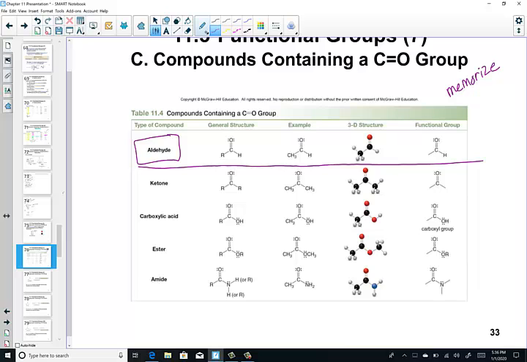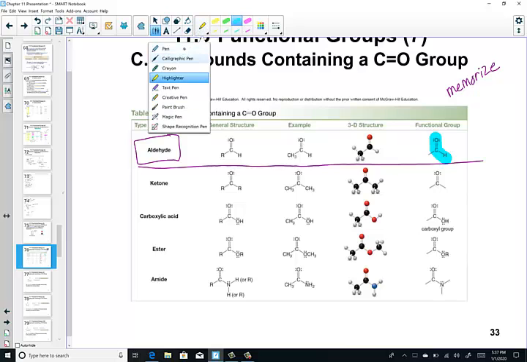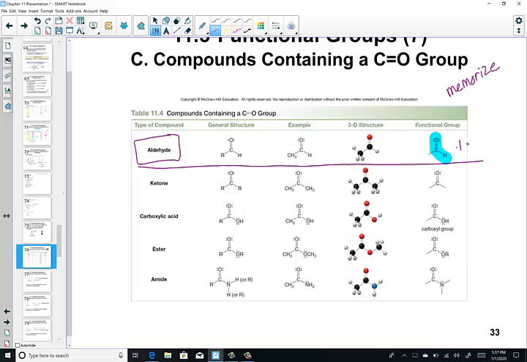The aldehyde has a C double bond O at the terminal end of a chain, so that the carbon attached to the double bonded oxygen is also attached to a hydrogen. So a good note there, it says it must be at the terminal end of your carbon chain.